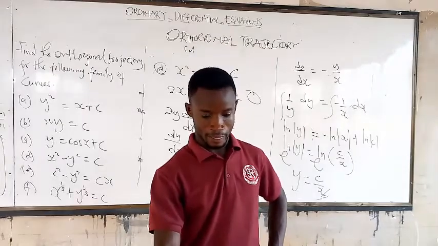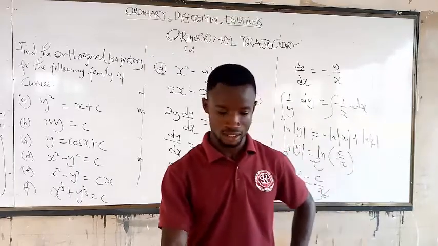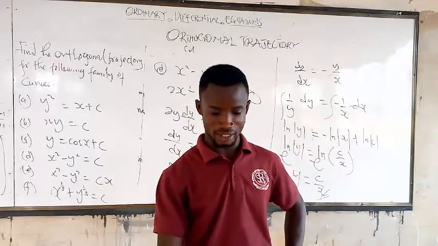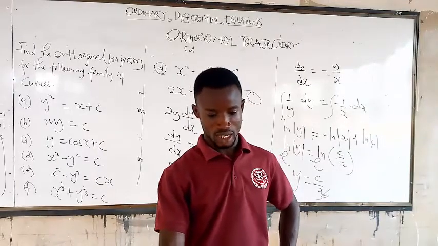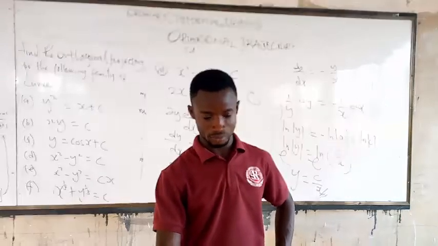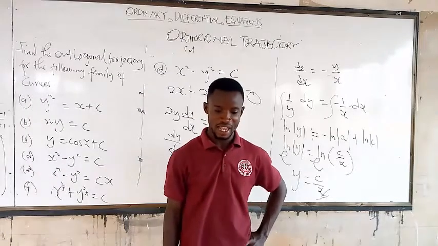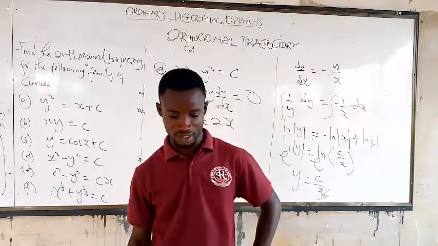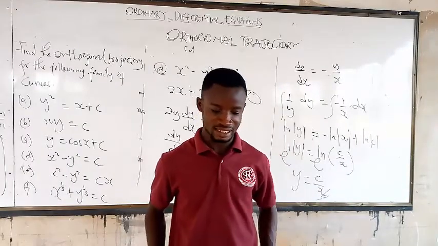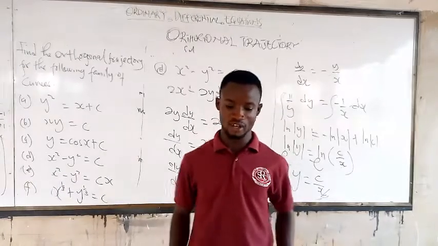Now, there is a question here under orthogonal trajectory that I would like to read for you. It says: find the orthogonal trajectories of the family of circles with center at the origin and radius r.